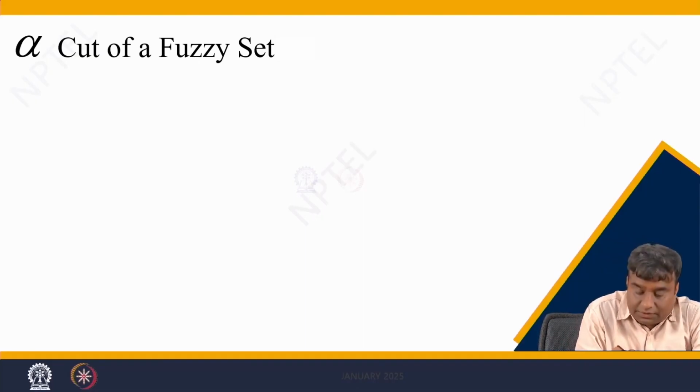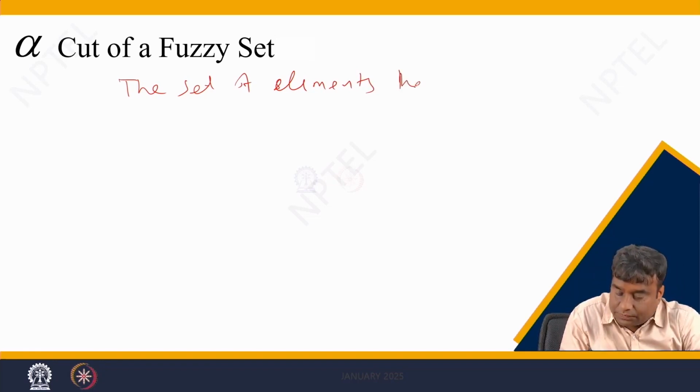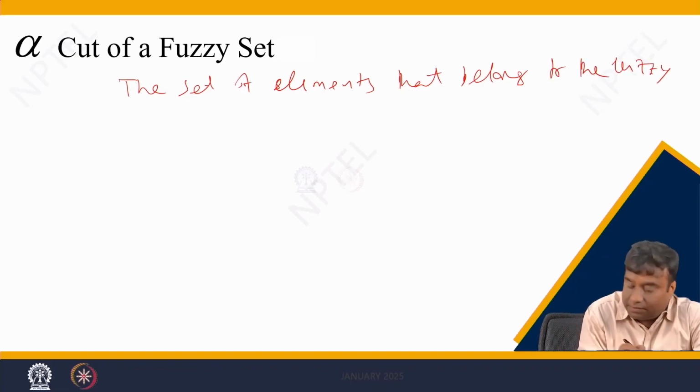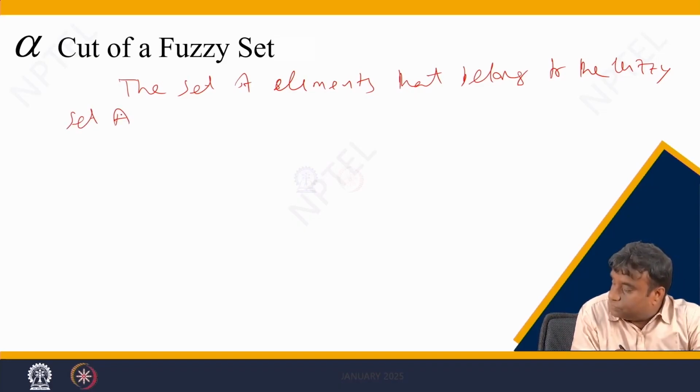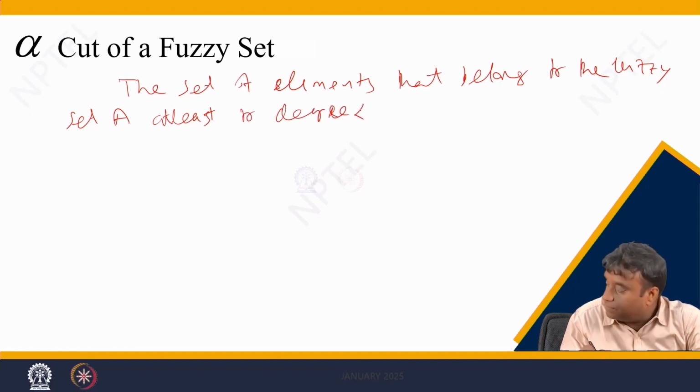The set of elements that belong to the fuzzy set A with membership degree at least alpha is called the alpha cut.